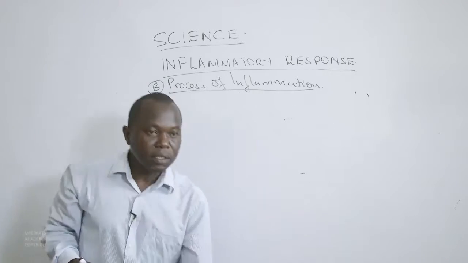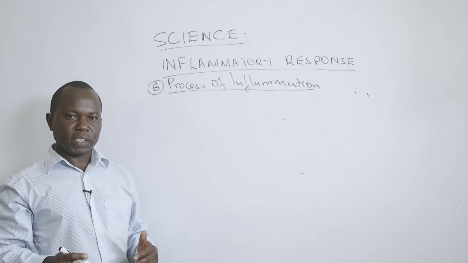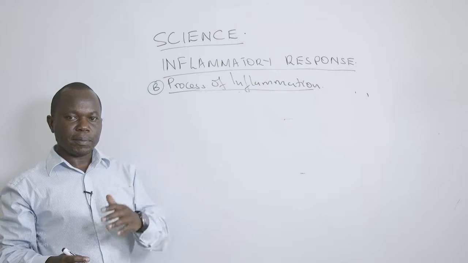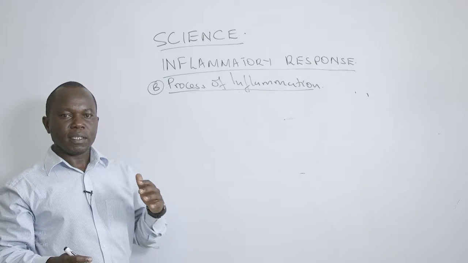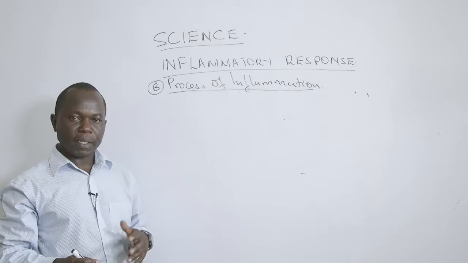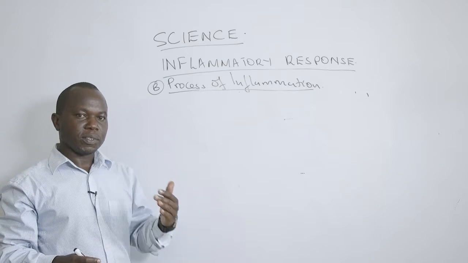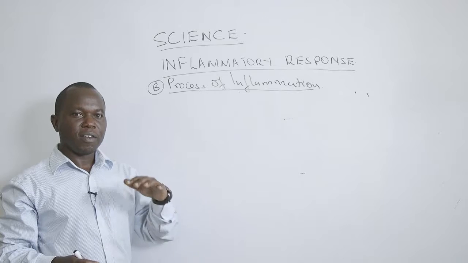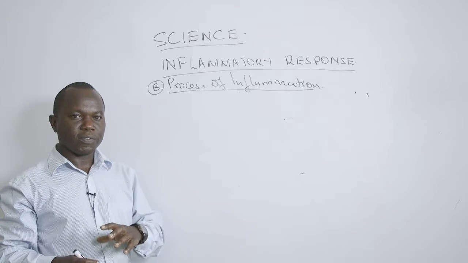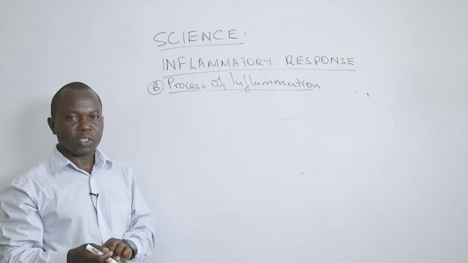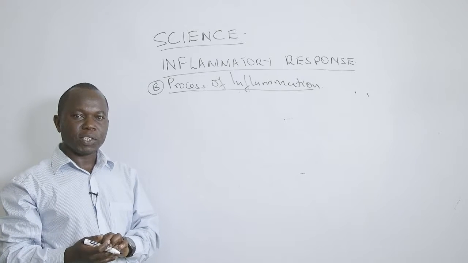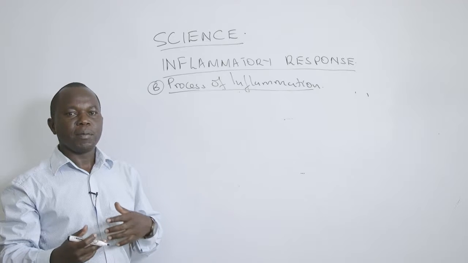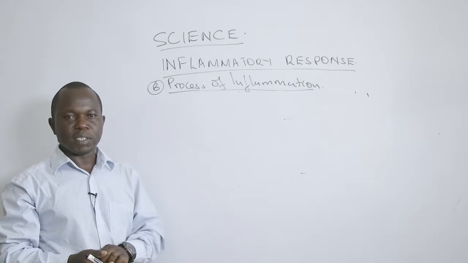Now, sometimes, because of all those activities that we have mentioned, vasodilation, increased permeability, and then increased sensitivity to pain, increased temperature and fever from the effect of phagocytic chemicals, sometimes the person may fail in functioning, maybe, for instance, movement.